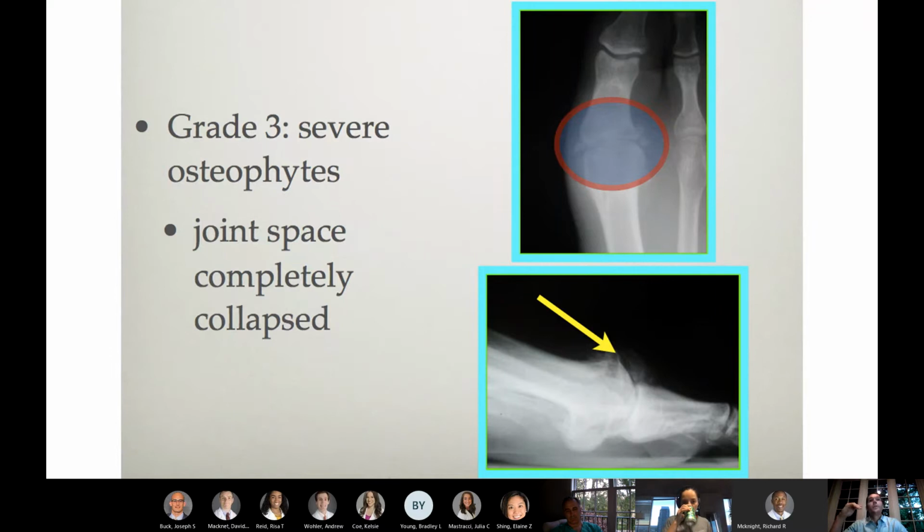So people that do lunges, burpees, yoga, that type of thing, and put their big toe into a loaded position of dorsiflexion, it shears the cartilage on the first metatarsal head, preferentially in the dorsal joint. But on the AP foot x-ray, you won't see joint space narrowing because the center of the joint hasn't narrowed yet. So in early stage disease, it's all dorsal, and then it progresses plantar.